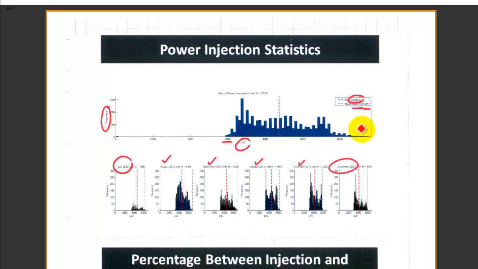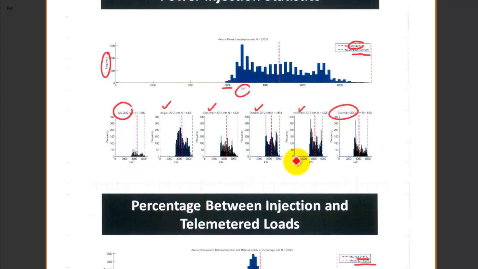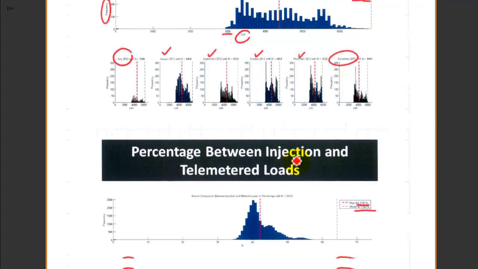So it really depends on the season. Sometimes we don't have enough data, so that's why the frequency is less, but this doesn't mean it is inaccurate. This is the kind of snapshot we have from those 11 buildings.